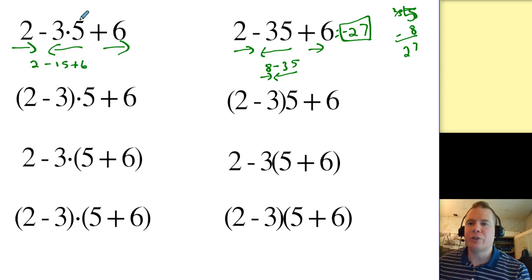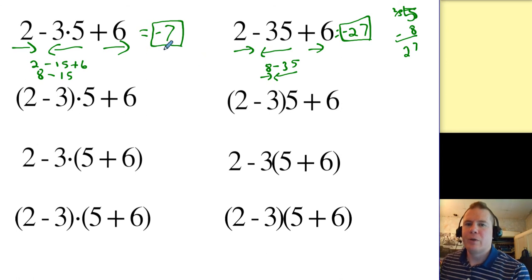I still have 3 terms here, just that this middle term includes multiplication that I have to calculate. 3 times 5 is 15. Now 6 plus 2 is 8. 8 minus 15, I kind of already did that here. 15 minus 8 is 7. So I get 7, but in the negative direction. Okay, 2 different answers so far.